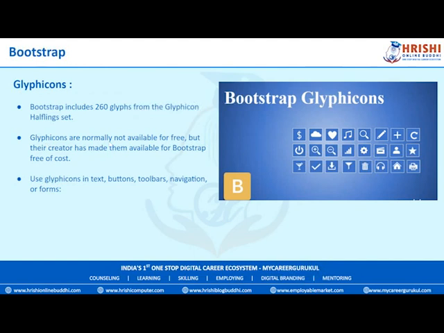Glyphicons are normally not available for free, but their creators have made them available for Bootstrap free of cost. So only for Bootstrap classes these glyphicons are free of cost. Use glyphicons in text, buttons, toolbars, navigations or flags.